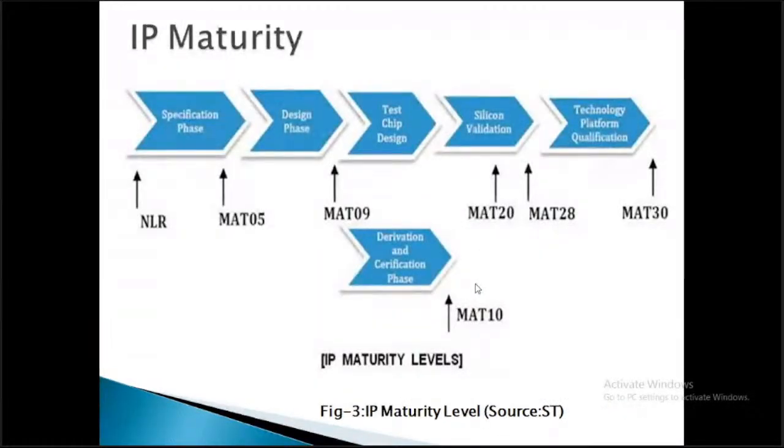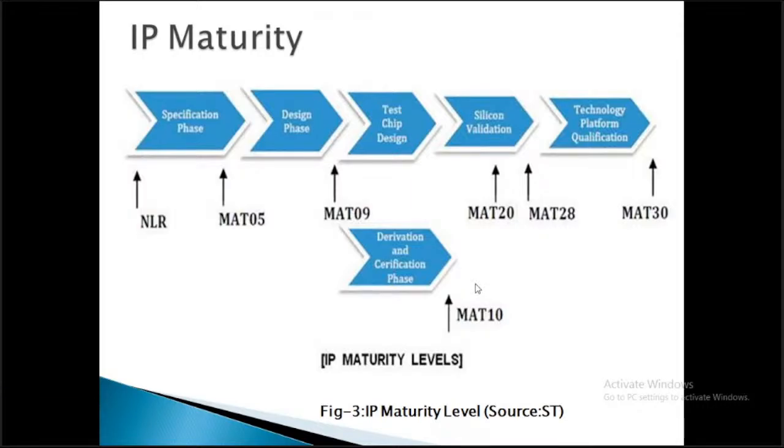So if we define the complete cycle of chip designing, there are more than 30 maturity levels. Usually in industry, you will hear them ask what is the maturity level of this SoC or the IP which is going to be developed. First is the NLR, the specification, new library request.